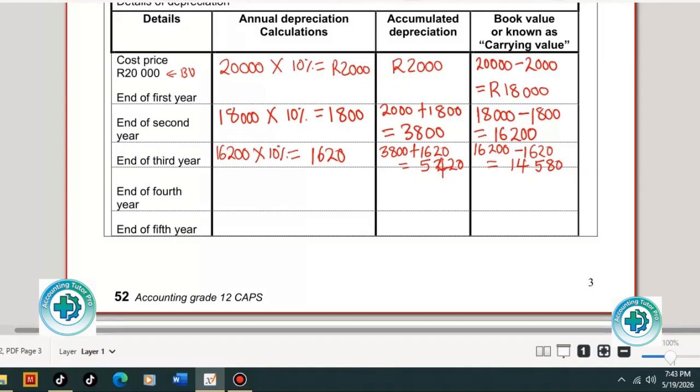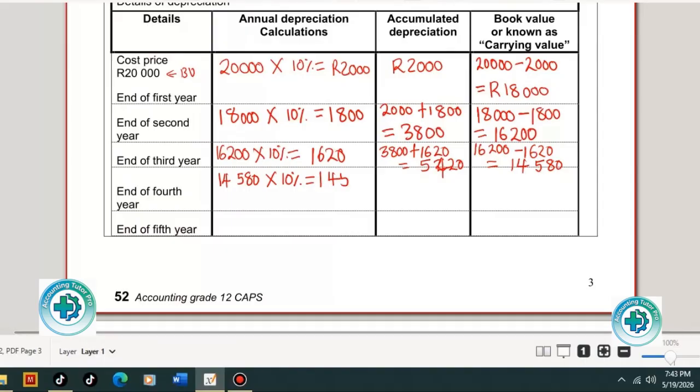To calculate at the end of the fourth year, I take the book value at the beginning of the fourth year. Now to calculate this 10% at the end of the year, you get 1,458. So 1,458 is added to the already accumulated depreciation for the 3 years that the asset was depreciated. This gives us 5,420 plus 1,458.